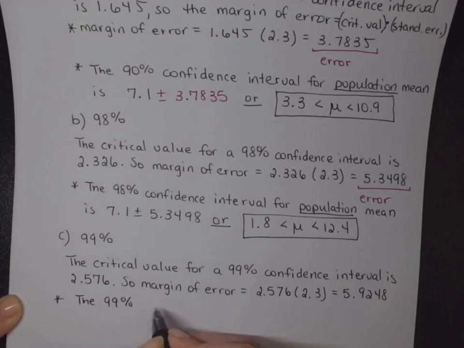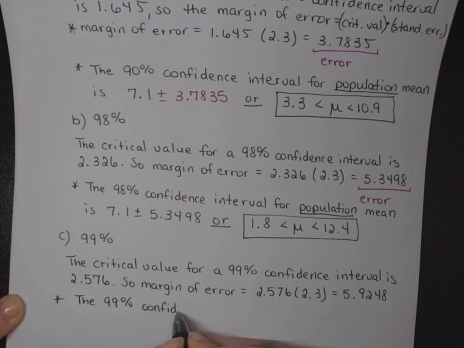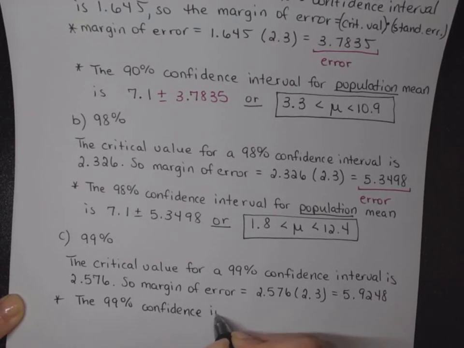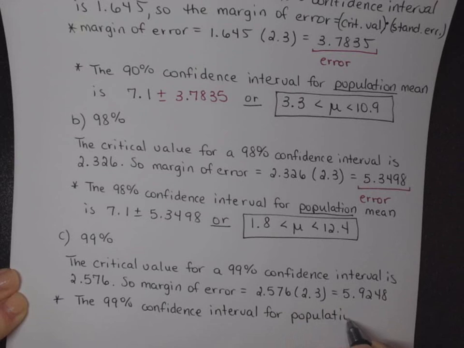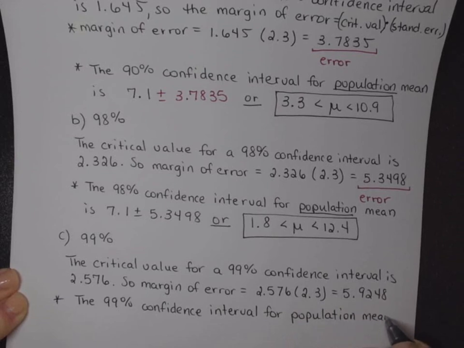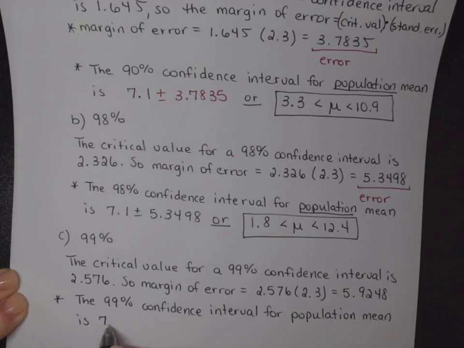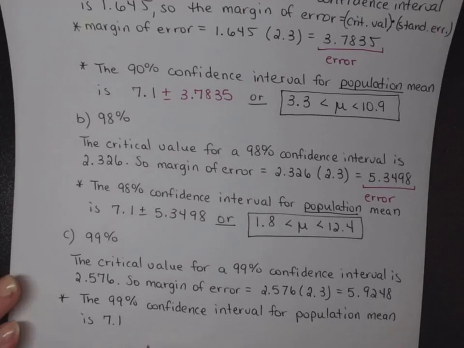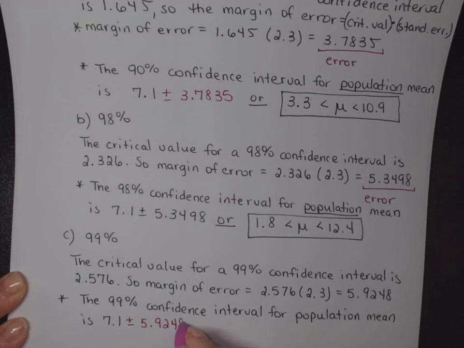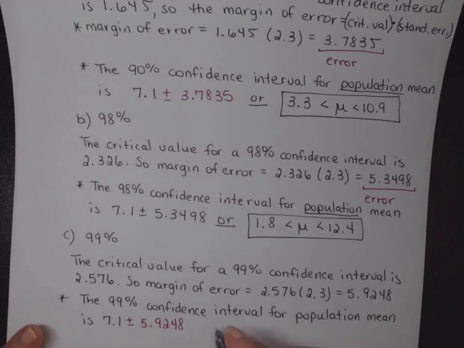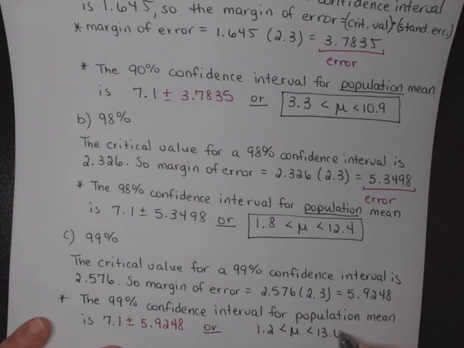The 99% confidence interval for the population mean based on the sample mean is going to be 7.1 plus or minus this 5.9248, or something between 1.2 and 13.0.